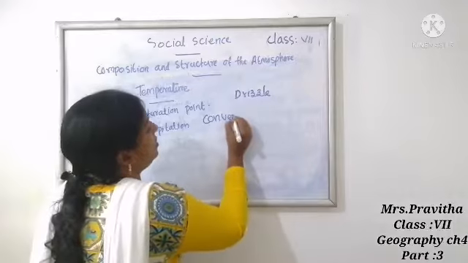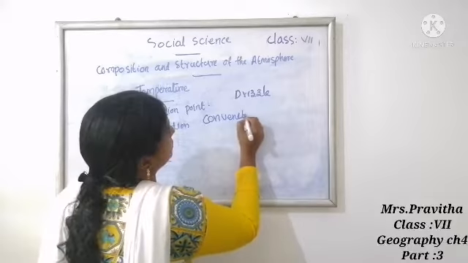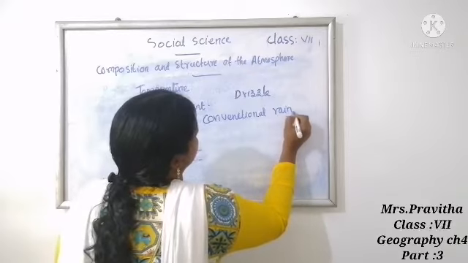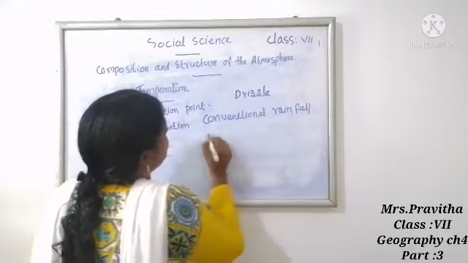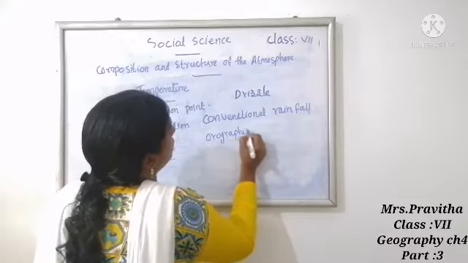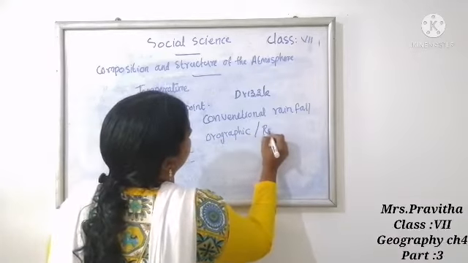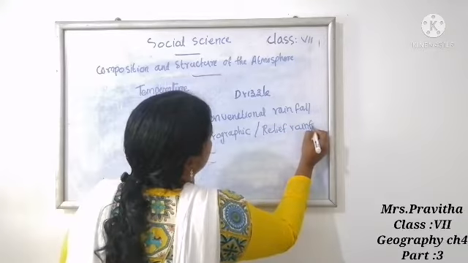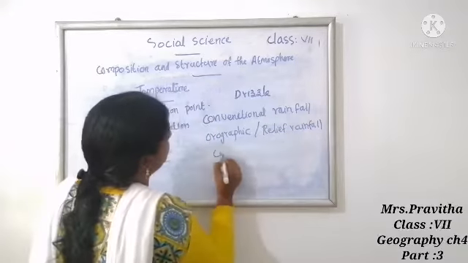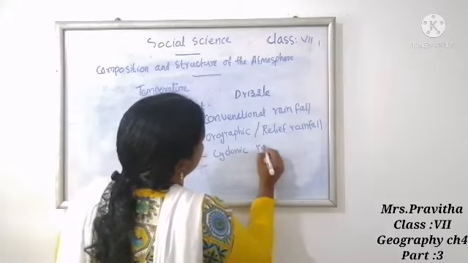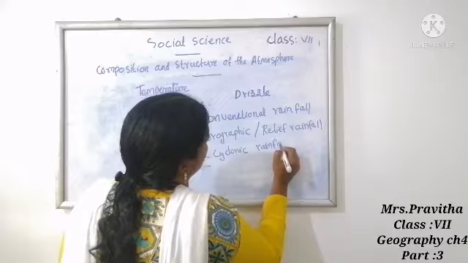Convectional rainfall, orographic or relief rainfall, cyclonic rainfall. These are the three types of rainfall.